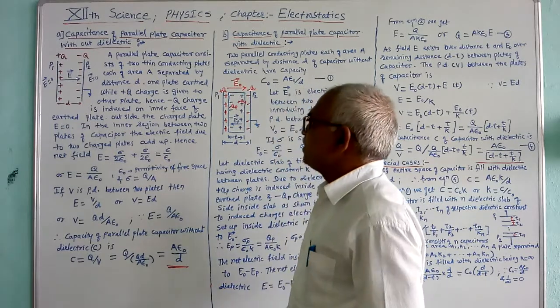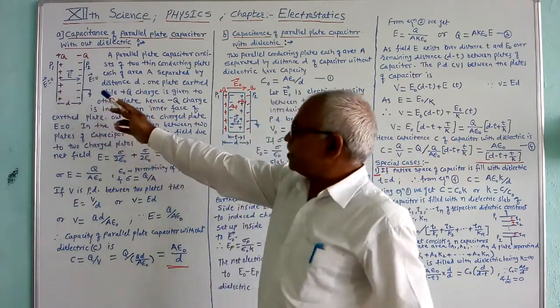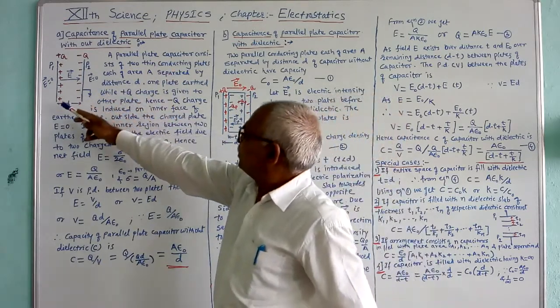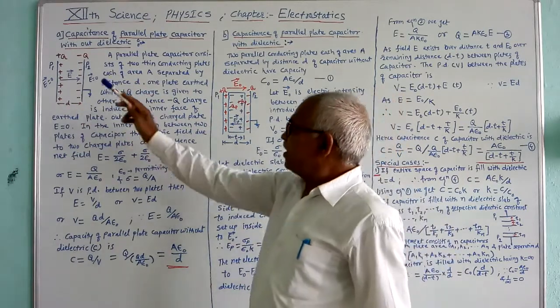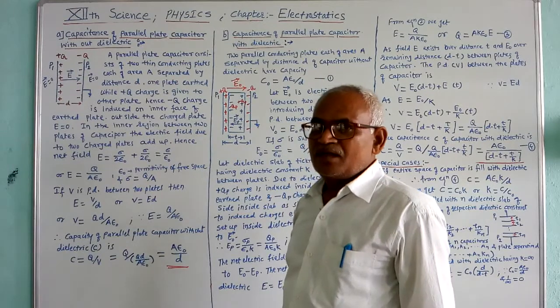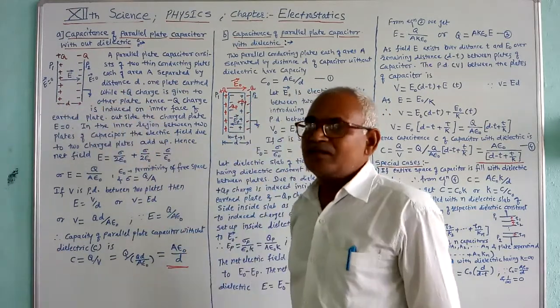For this purpose, let us suppose that we have a parallel plate capacitor which consists of two thin conducting plates P1 and P2, each of area A. These two plates are separated by a small distance d.